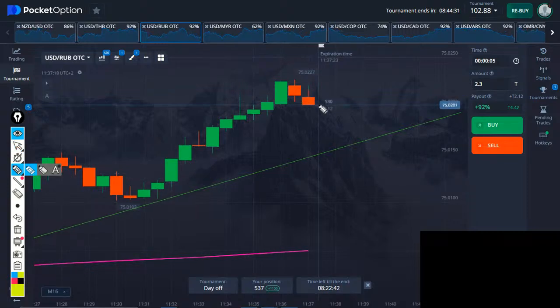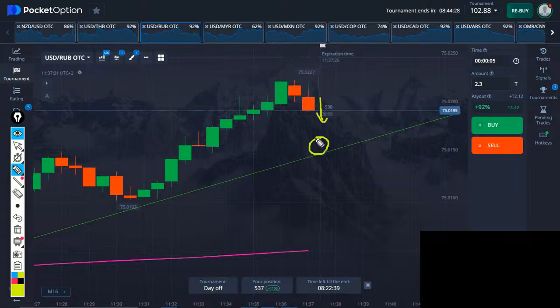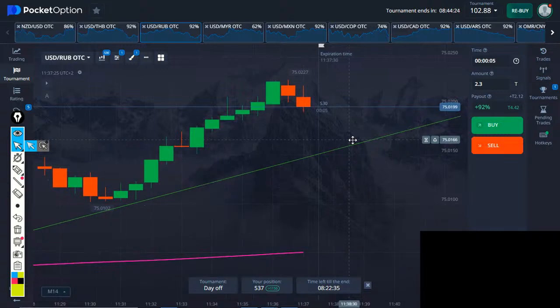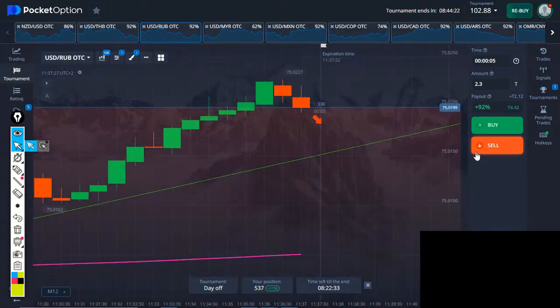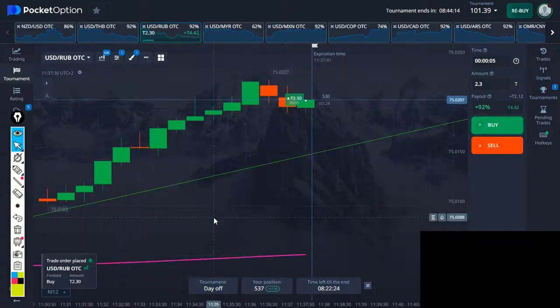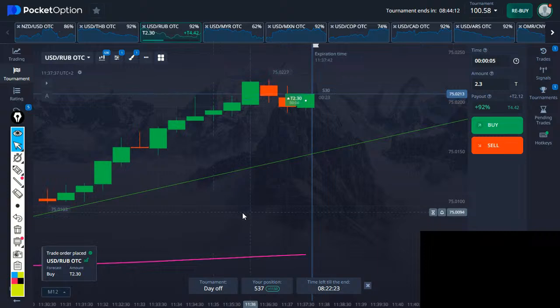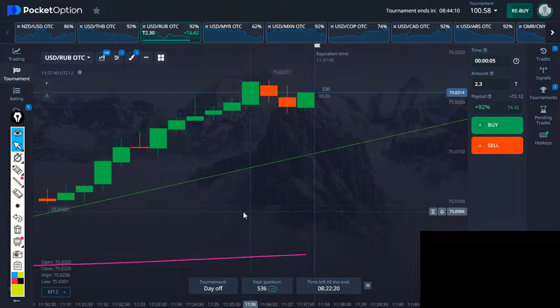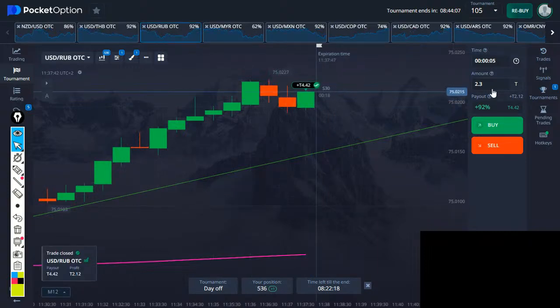I will start taking reds until we reach this zone. Maybe one trade in red, I'll take it. We are in a retracement, I think. Let's see. Red, green. I'll take green. Beautiful win. 5% up. I'll go back to $1.